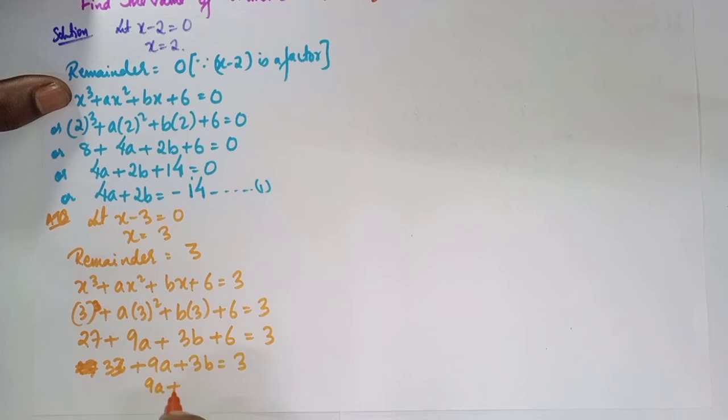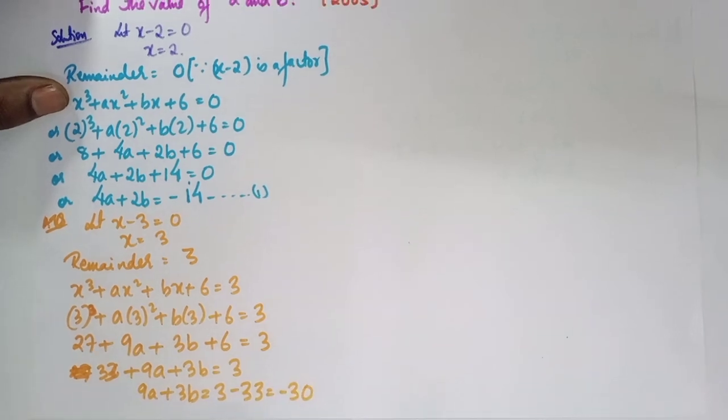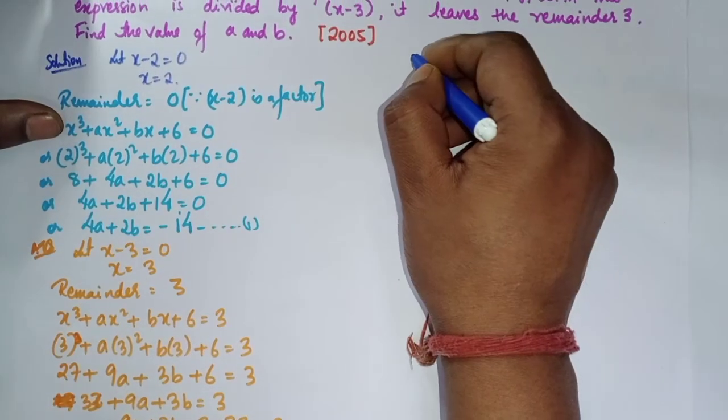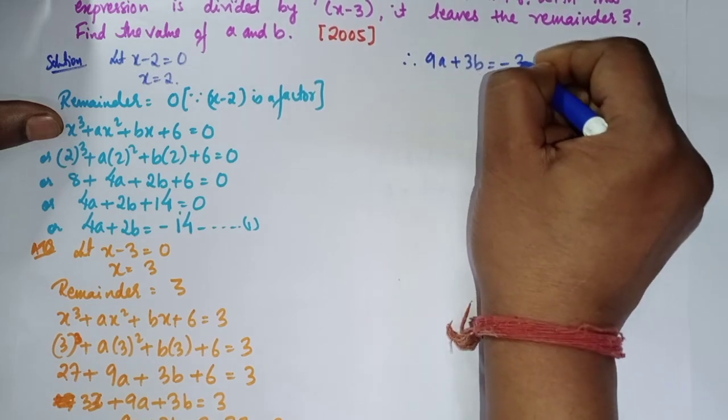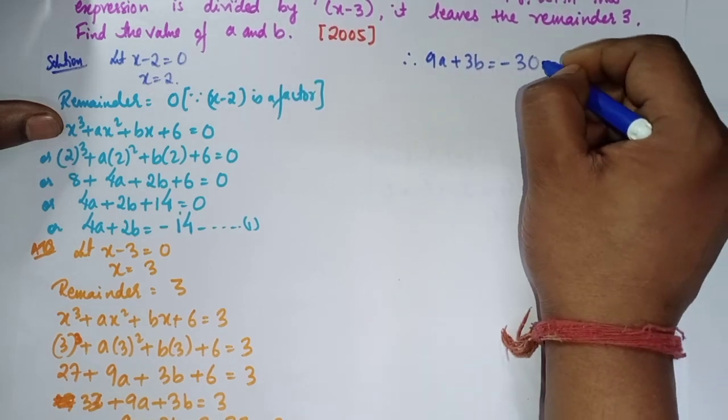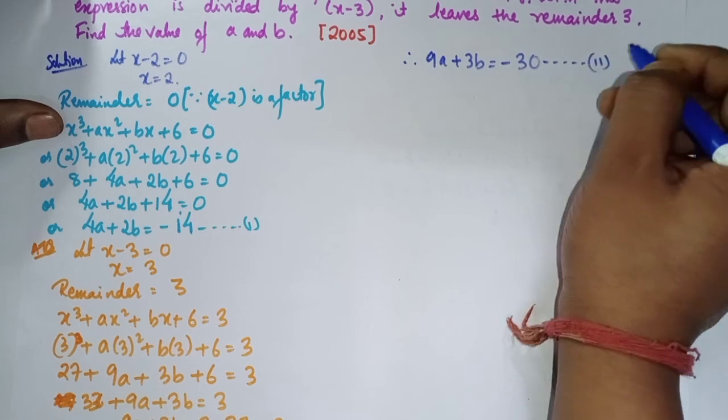Therefore 9a plus 3b equals 3. This 33, when you go that side, it will be minus 33, so it will be minus 30. So I got equation 2 also. Therefore 9a plus 3b equals minus 30. This I'll take as equation 2.